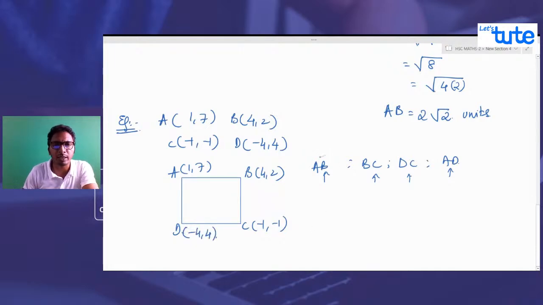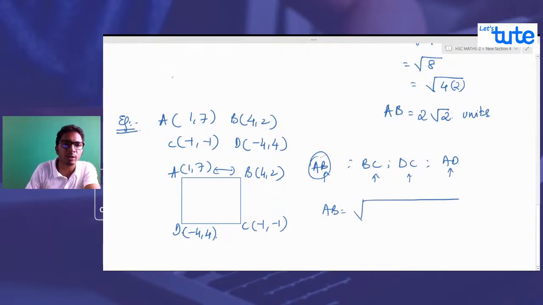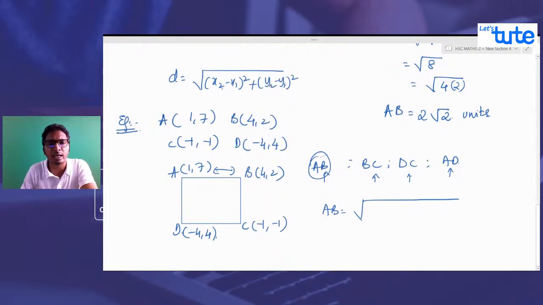So let us start with AB. We are going to use these 2 points. AB equals the square root of (x2 minus x1) the whole square plus (y2 minus y1) the whole square. Hope you remember the distance formula. So basically taking the x coordinates together and y coordinates together, subtracting them and squaring, then adding, and then taking the square root.